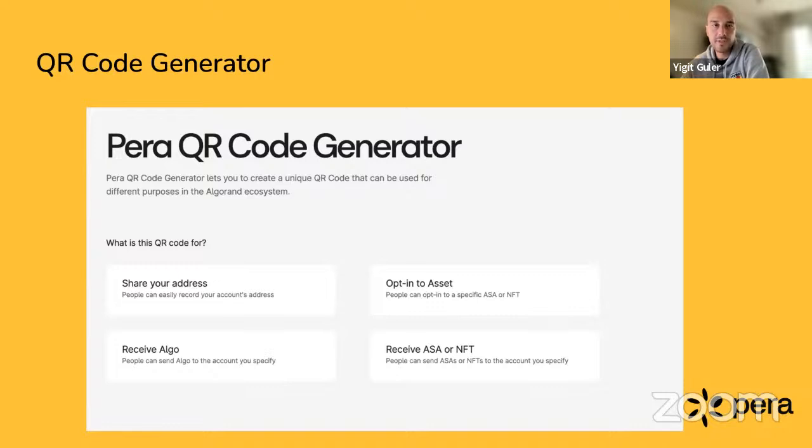If your project relies on simple QR code integrations, like a simple payment transaction or simple ASA opt-in transaction, this can also be considered as an option, and you can try generating QR codes with this tool. You can access this through our website as well.